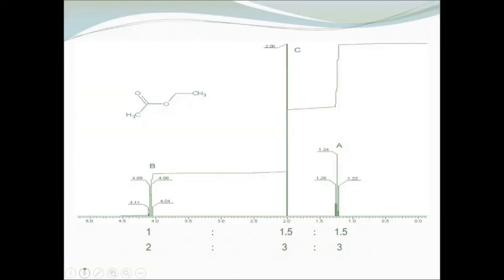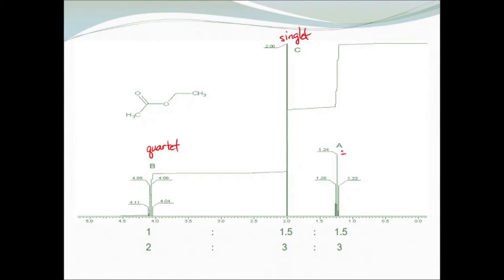So this is one example using the splitting. Before, as I mentioned, all of our peaks were singlets. Here we have a peak that is split into 4. So this is a quartet. This is a singlet.